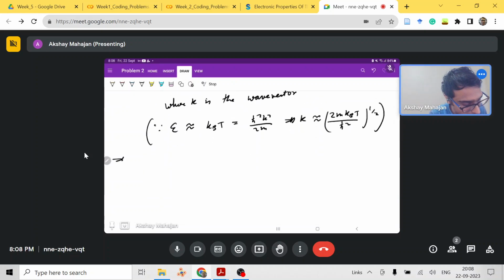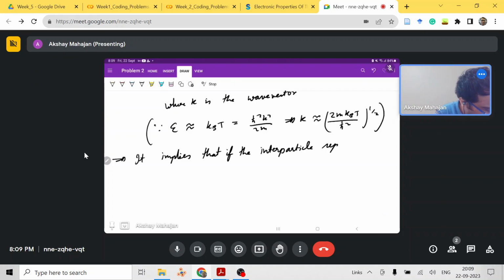So it implies that the interparticle separation is larger.